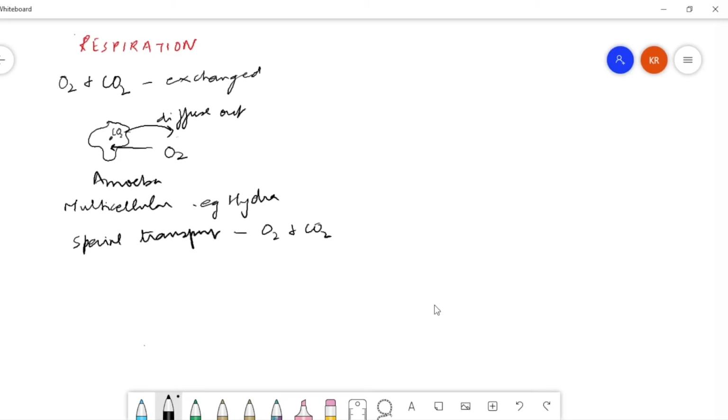So this means that there must be evolution of a circulatory system to transport this. So usually respiration and circulation go hand in hand.